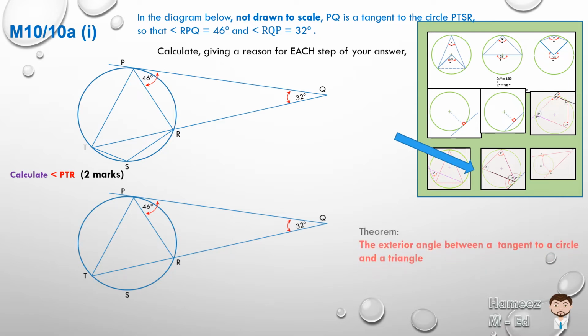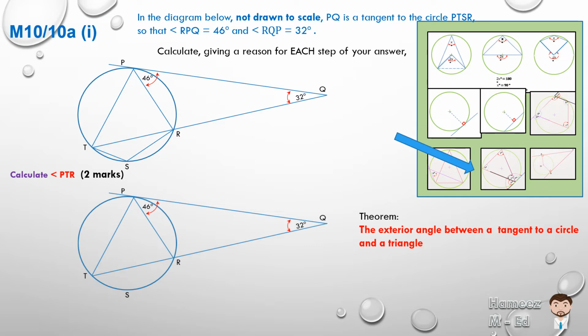So the exterior angle between a tangent to a circle and a triangle, and let's indicate that by having two black lines there forming the angle, the 46-degree angle. And let's recall, what does the theorem say? It says that that is equal to the opposite interior angle of the triangle.